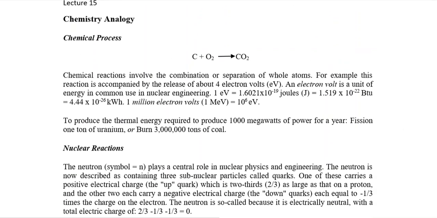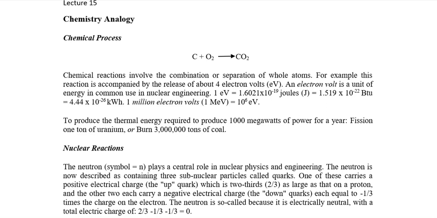Now, going towards nuclear energy itself, let's compare it with a chemical process. For example, when carbon reacts with oxygen, it gives us carbon dioxide, and we know from our previous knowledge that the formation of carbon dioxide releases a large amount of heat, the exothermic enthalpy of formation.